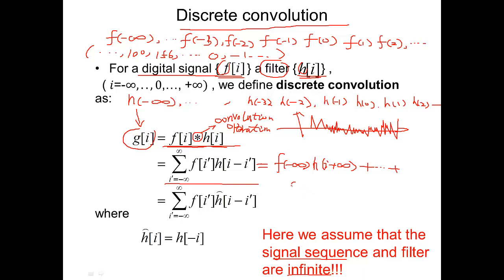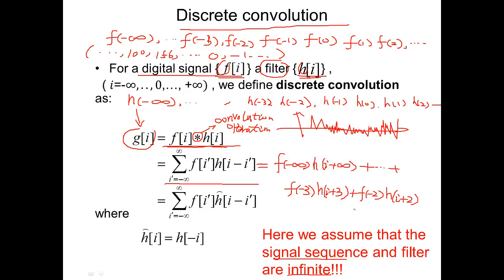Go to f of negative 3, then it should be h of i minus negative 3, so it should be plus 3. Then f of negative 2 times h of i plus 2.